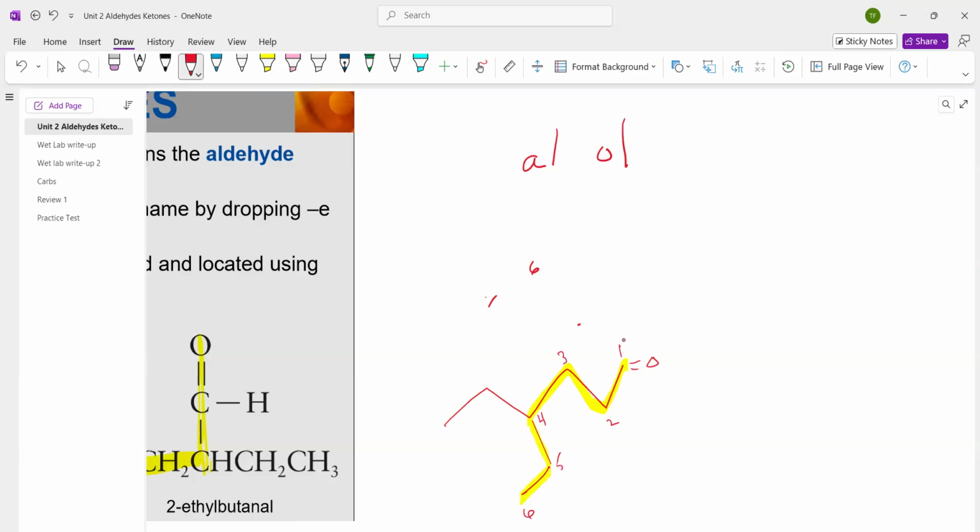Okay, so this is a 6-carbon backbone with an ethyl branch on carbon number 4. So it's going to be 4-ethyl hexanal.